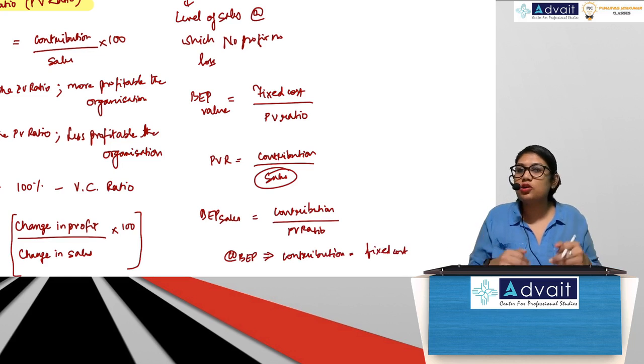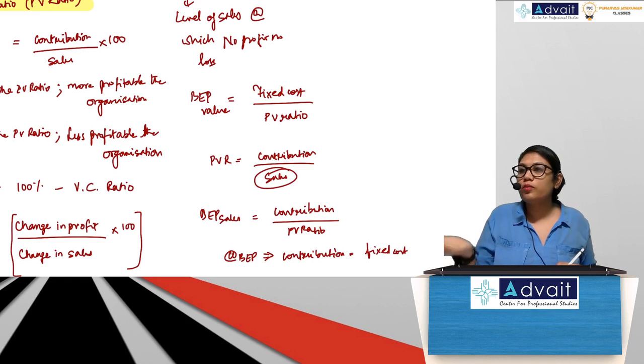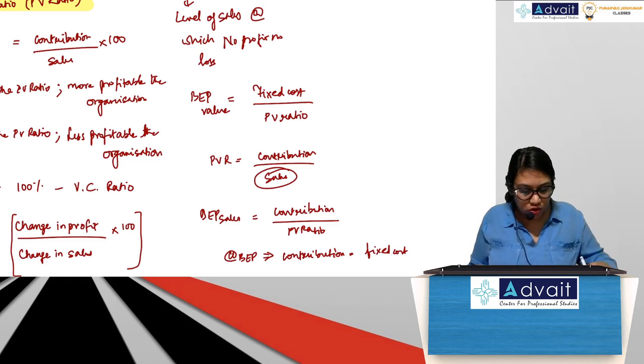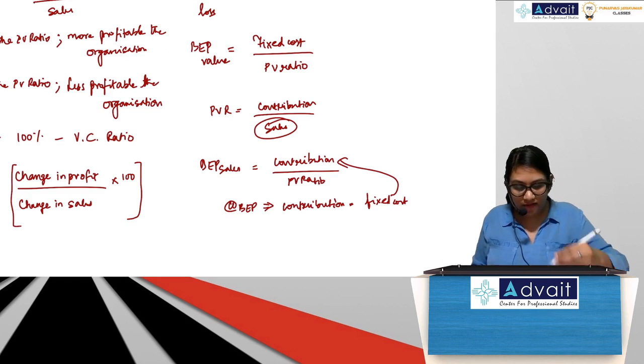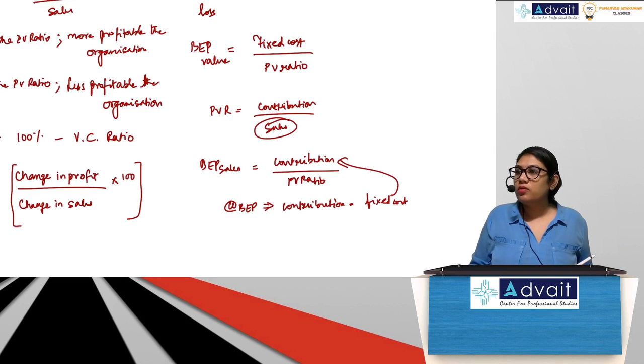Only then I'll get 0, no? Only when contribution is equal to fixed cost, I will get 0. So at BEP, contribution is equal to fixed cost. So I just substitute this here, and once I substitute this, I will get the BEP formula: fixed cost by PV ratio.